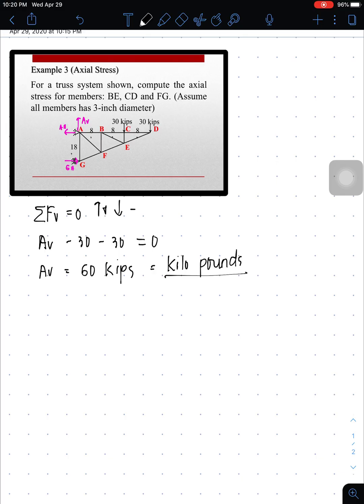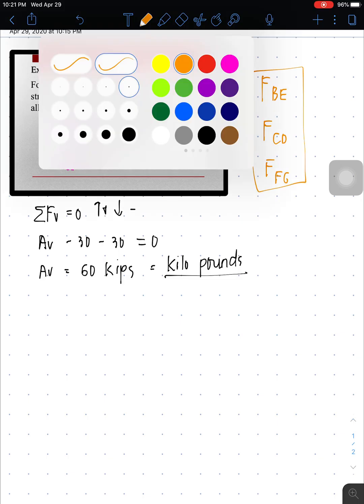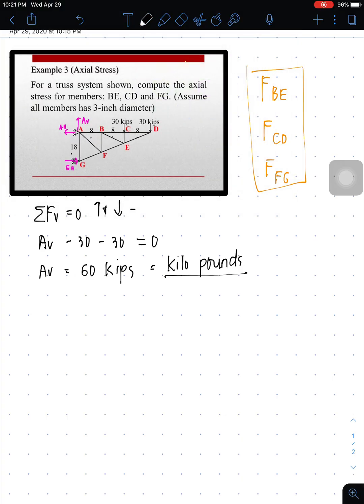Remember that we're looking for the values of force BE, force CD, and force FG. These are the forces we need. So let's go back. We already have A vertical.